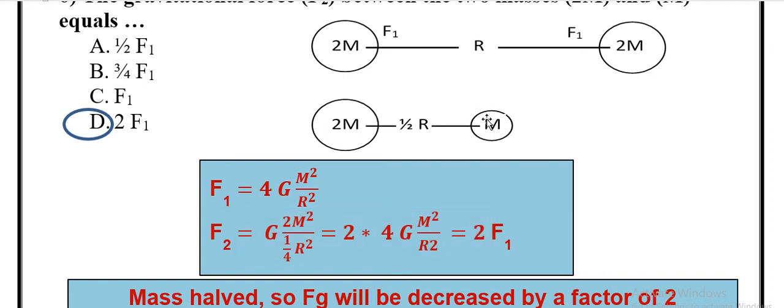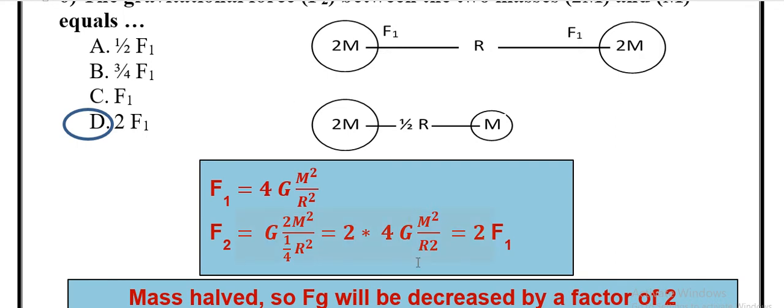And if the mass is decreased by half, the gravitational force will also decrease by 2.